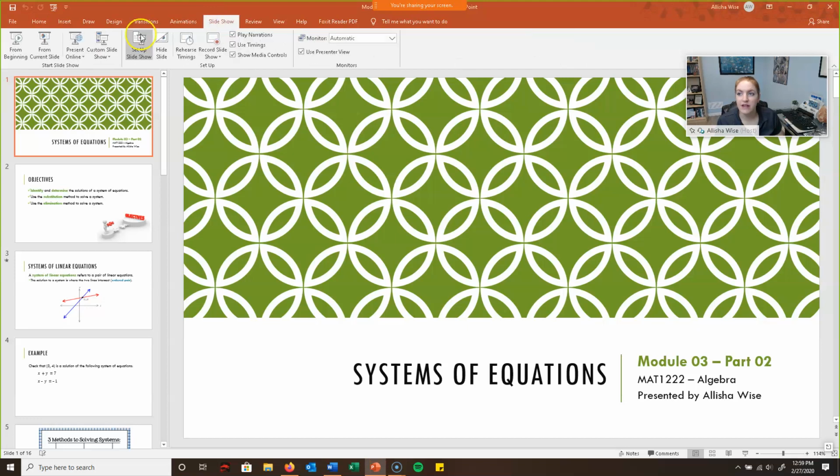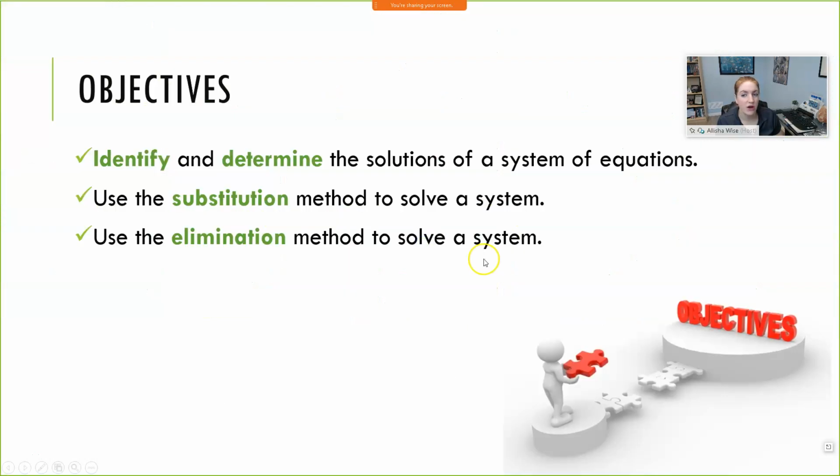So in this live lecture, we're going to go ahead and talk about systems of equations. Last week we talked about linear equations, and we talked about the fact that there are two variables, two unknowns. In this section, we're going to look at linear equations that have two variables, but we're going to see if we have two equations, is there a way to find a solution that works for both of them?